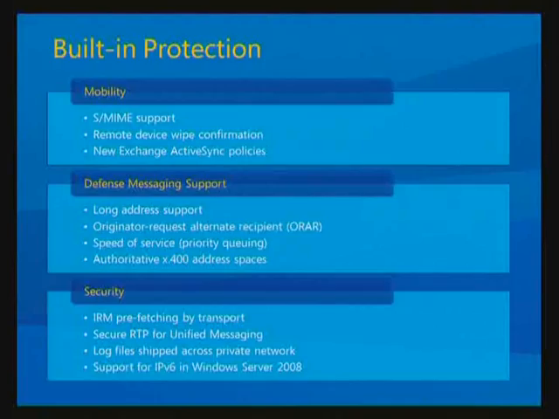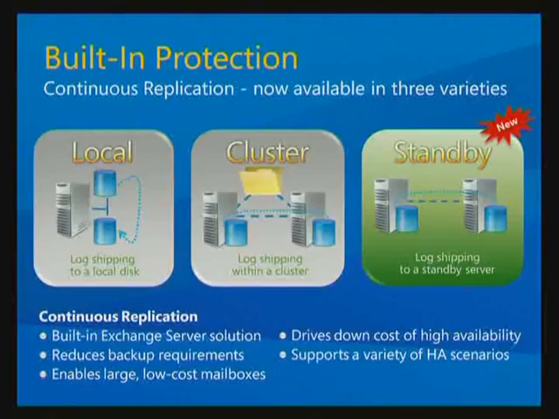So looking at going a bit deeper on continuous replication, because this is one of the key pieces for 2007, and again, one of the largest investment areas in Service Pack 1. Just a quick review again with local continuous replication. This is really around having a single server and having your log files on that single server, possibly on different disk systems connected to that single server.